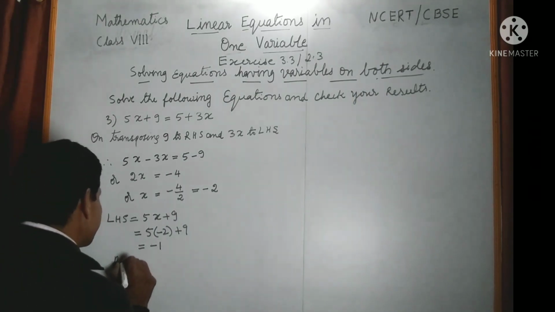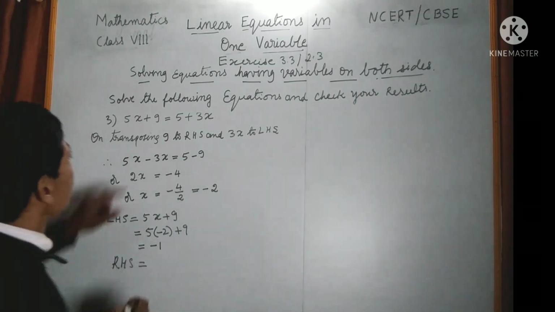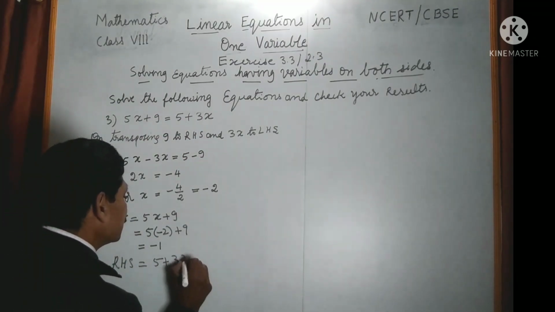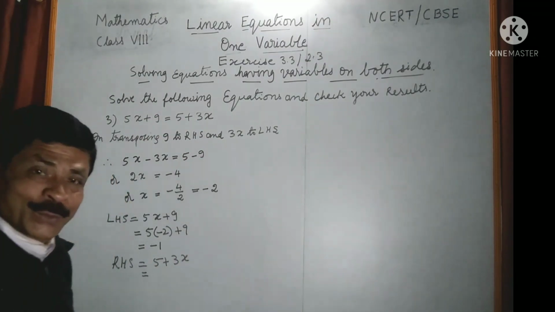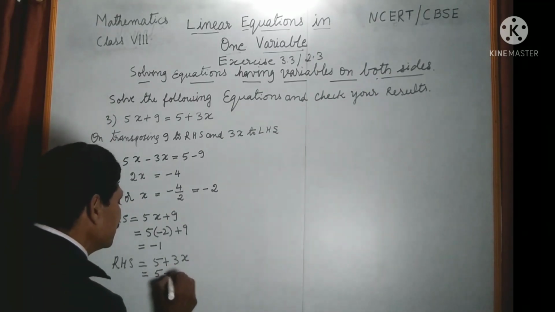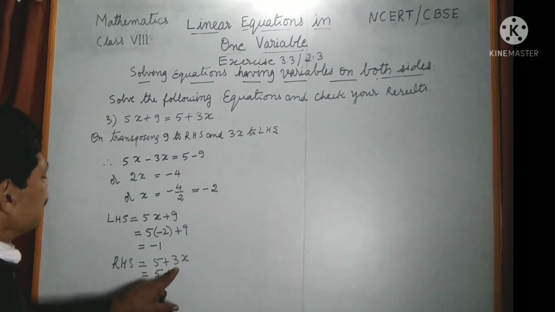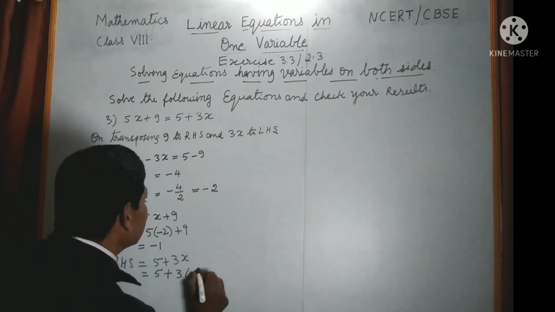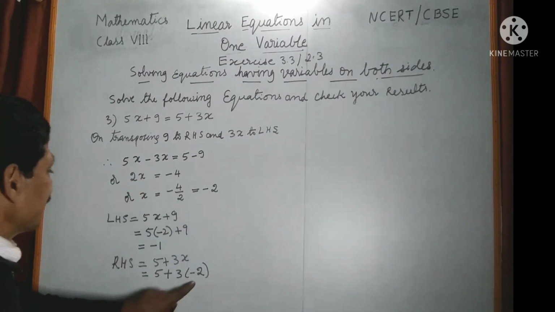And right hand side is equal to 5 plus 3x. This is equal to 5 plus 3 into minus 2, the value of x.